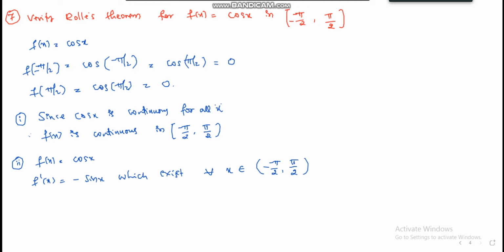Therefore f of x is derivable in the open interval minus pi by 2 comma pi by 2. Then we go for the third condition.